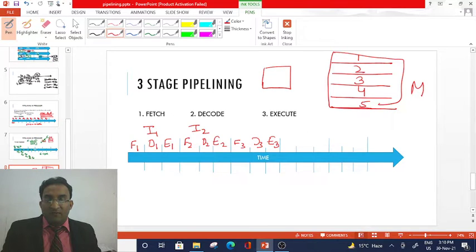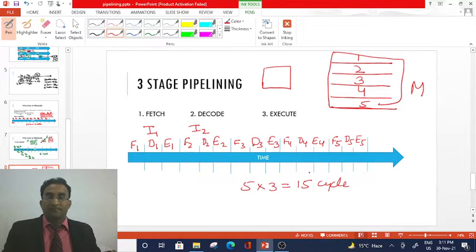After all three cycles for the third instruction, fetching of the fourth instruction will begin, then decoding and execution of the fourth instruction, and after that fetching, decoding and execution of the fifth instruction. So the total time taken by the normal processor for three-stage processing is 5 into 3, that is equal to 15 cycles. But now we will see all this concept in a pipeline processor.